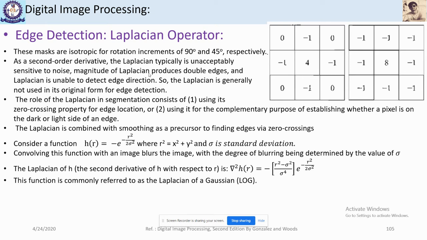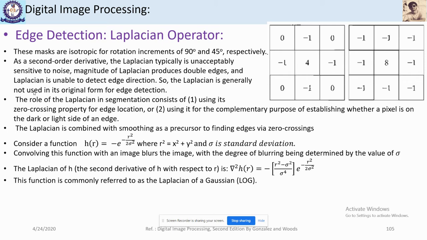Then the magnitude of the Laplacian produces double edges. While discussing the first order derivative and second order derivative, we had seen that the response of the second order derivative to an edge is a double edge. It gives us first a negative and then a positive value, so it gives us a double response to the edge.